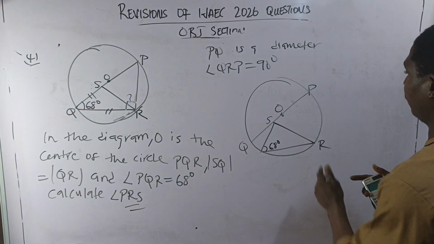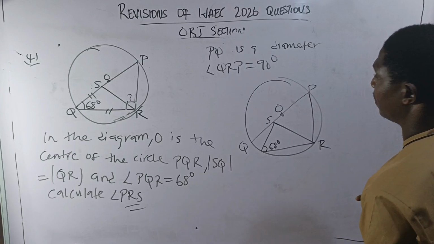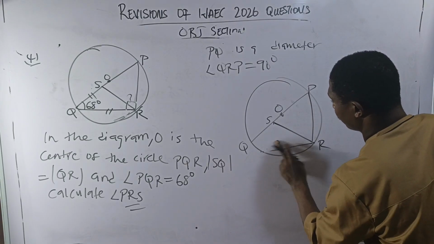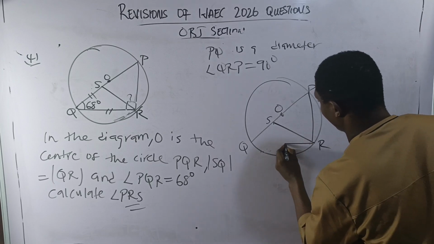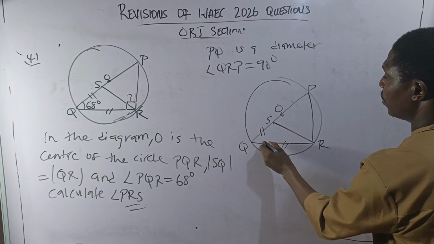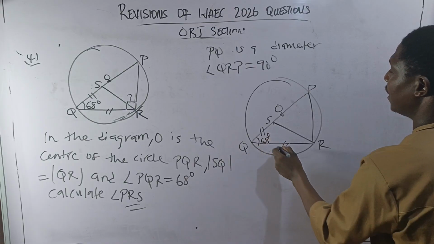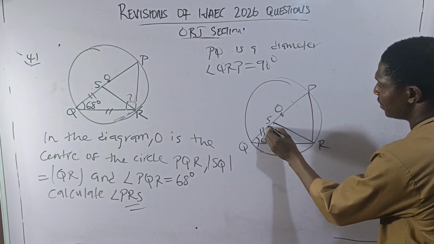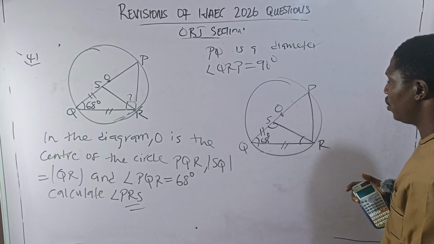So we have this, and we already know that, so this is what we have. If this is 68 degrees and SQ equals QR, that simply means this angle and this angle must be equal.